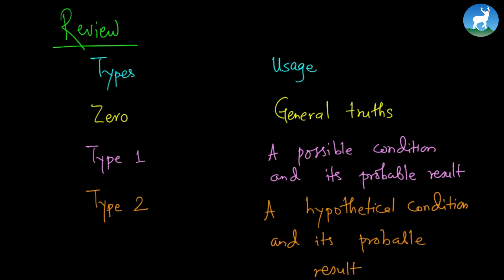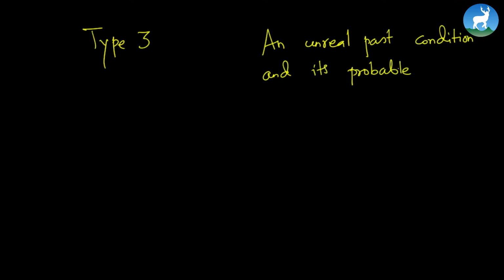Zero, type 1, type 2. So we have 2 more types, type 3 and mixed type. So let's review, then we will study about each type in detail. Then comes type 3. In type 3, we talk about an unreal past condition and its probable result in the past.